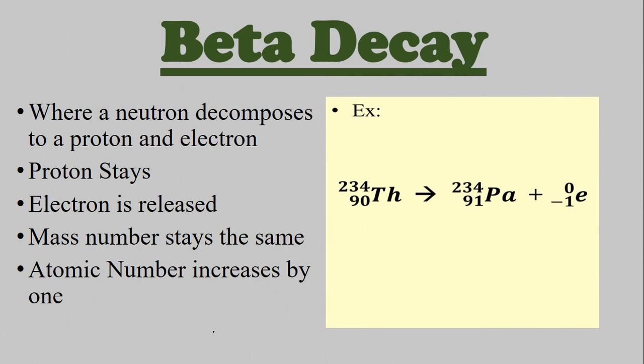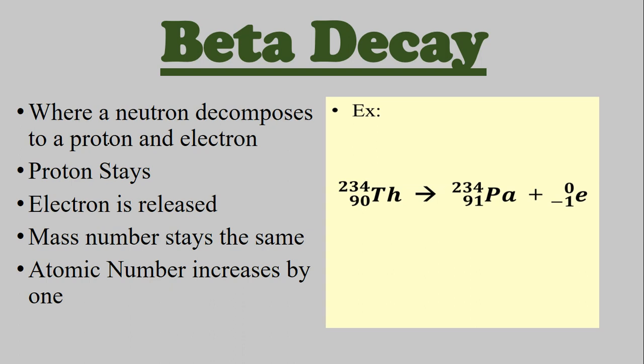Beta decay is a little different. This is where a neutron decomposes to a proton and an electron. The proton stays in the nucleus, but the element releases the electron. The mass number will stay the same, but the atomic number is going to increase by 1. Mass number staying the same because, remember, mass is the combination of neutrons and protons.